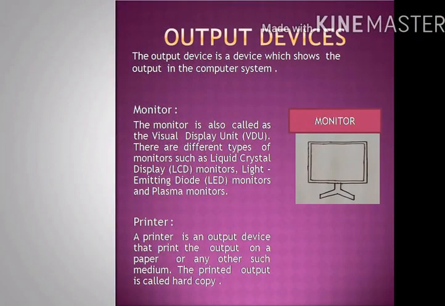The next slide is about output devices. What is an output device? An output device is a device which shows the output in the computer system. Next is about monitor. The monitor is also called the visual display unit, in short VDU.